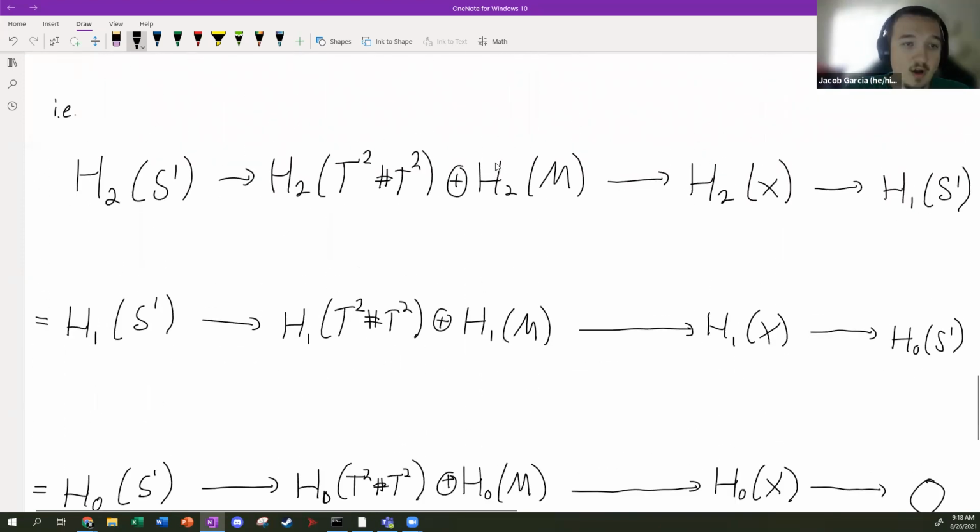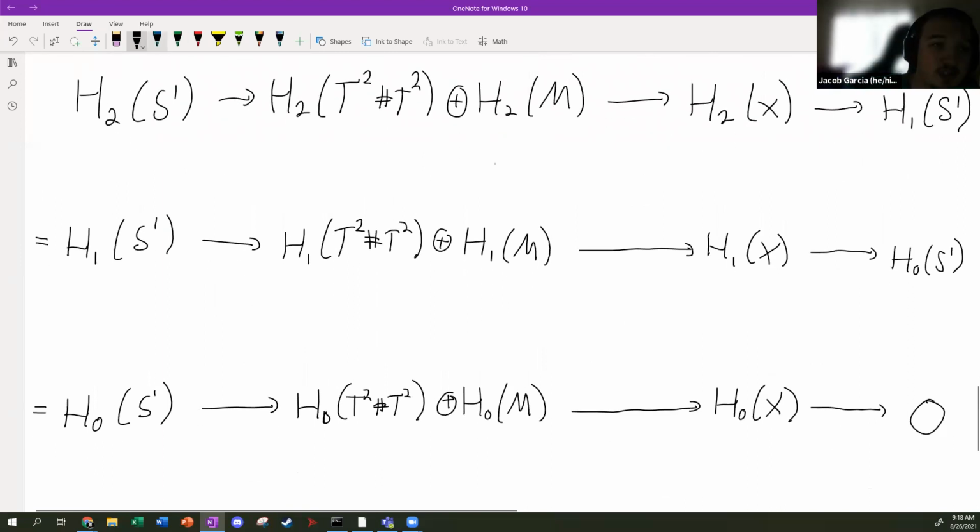Also, because this is going to be useful for later, I'm going to label some of these maps. I'm going to label this map I2, I1, I0. Over here, this is going to be J2, J1, and J0. And over here, I'm going to have the second boundary map, the first boundary map, and the 0th boundary map.